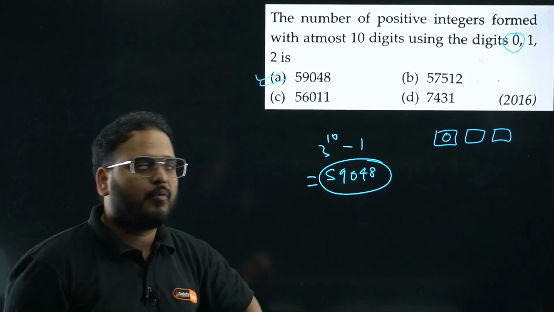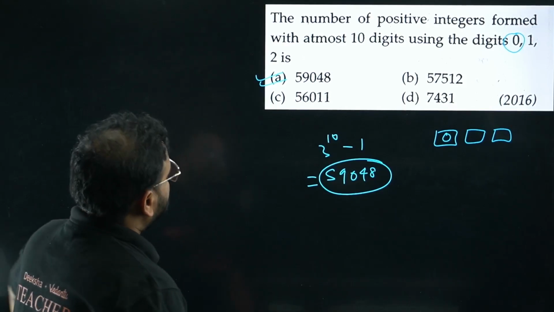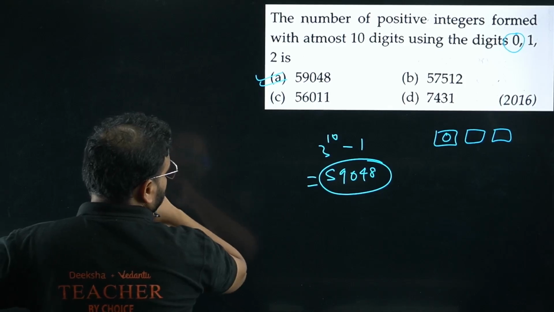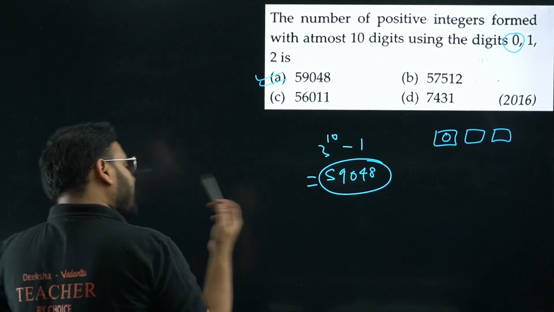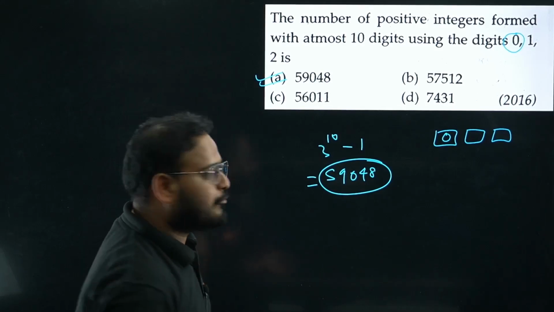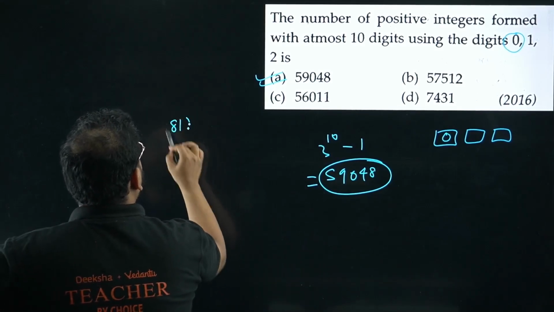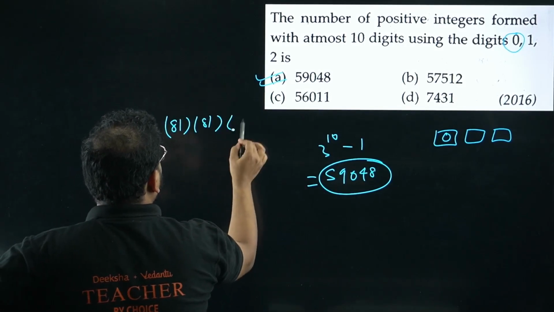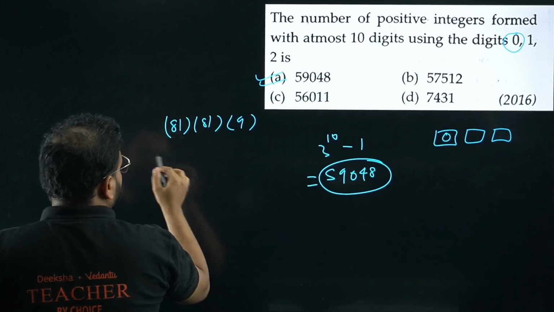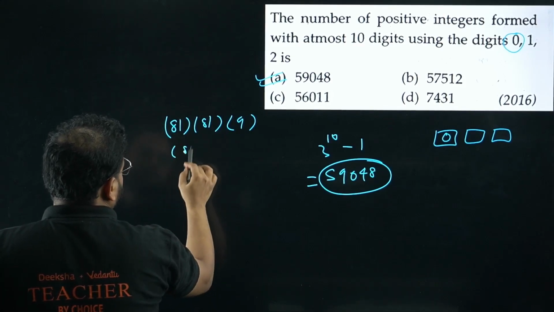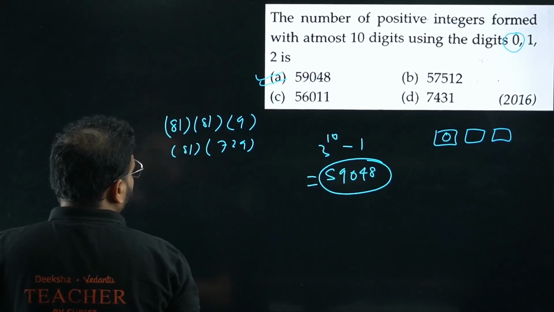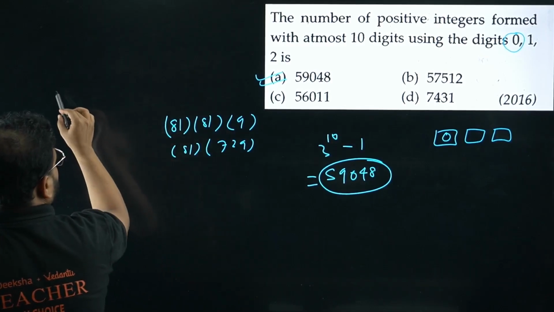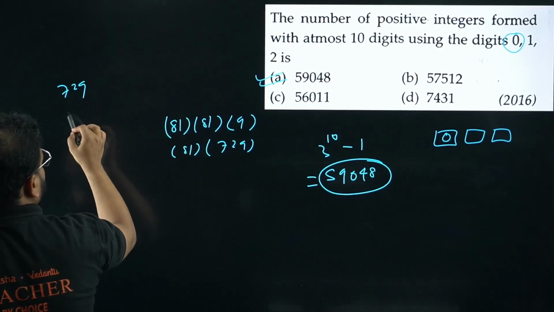59048. If you're finding it difficult to do, please check. You can write it like this: 3 power 2 is 9, 3 power 3 is 27, 3 power 4 is 81. So right here 81 into 9 will be easier to do. I get 729 actually. 9 1s are 9, 9 8s are 72. I can multiply this now. I'll get 729 times 81.